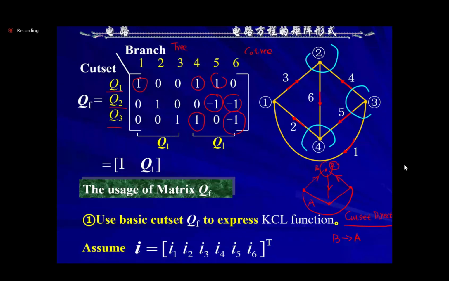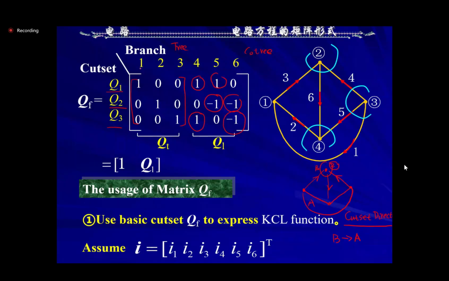By this method, we can find this position 1, 1. The tree will be positive because the tree direction is the cutset direction. So they are always positive, and this part will be a uniform matrix, because every cutset has only one tree branch, and it will be positive.